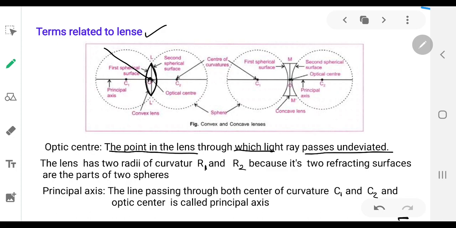But if it passes through the optic center, it passes undeviated. So that is the specification of the optic center. In case of a concave lens, here is the optic center.